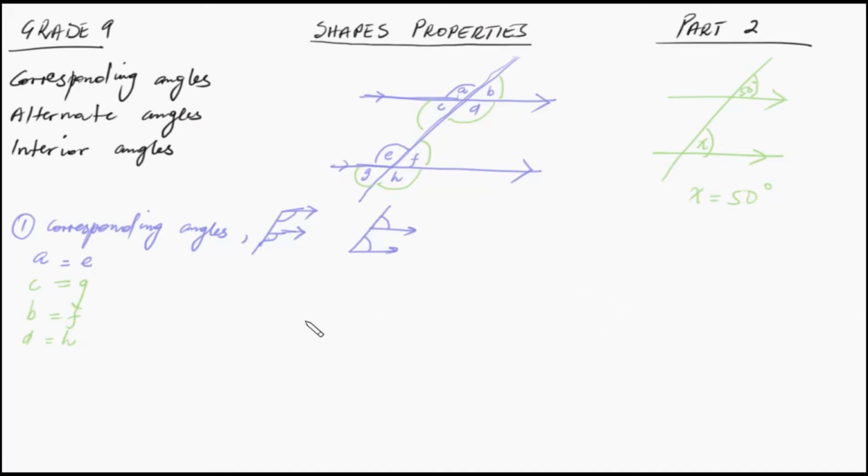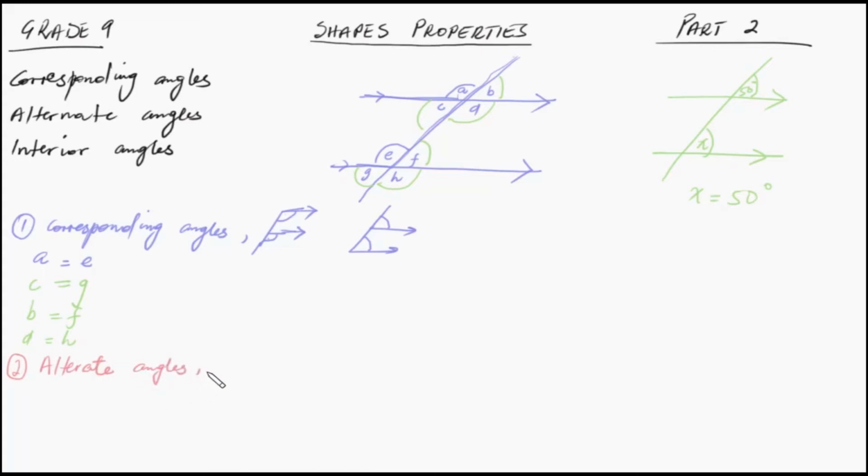Now, let's move on. Let's have a look at this interesting piece of information here. Let's say we have number 2, alternating angles or alternate angles. What are alternate angles?